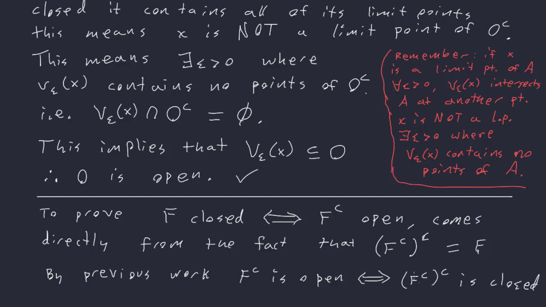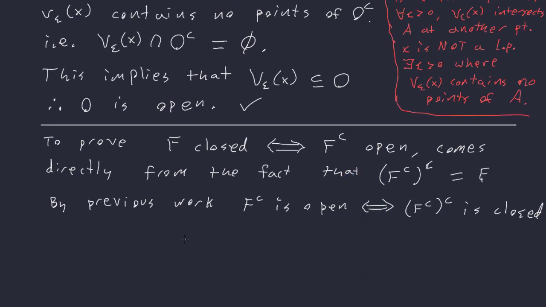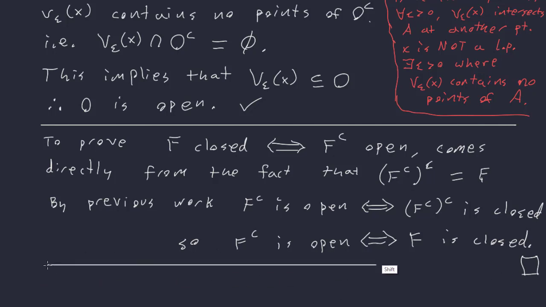But F complement complement is equal to F, so this tells us that F complement is open if and only if F is closed. So really, you only have to prove one of them because the other one comes for free once you establish that the complement of a complement gets right back to the original set.